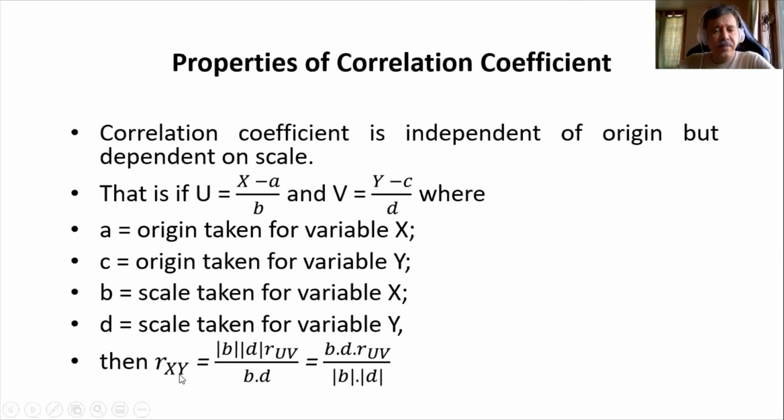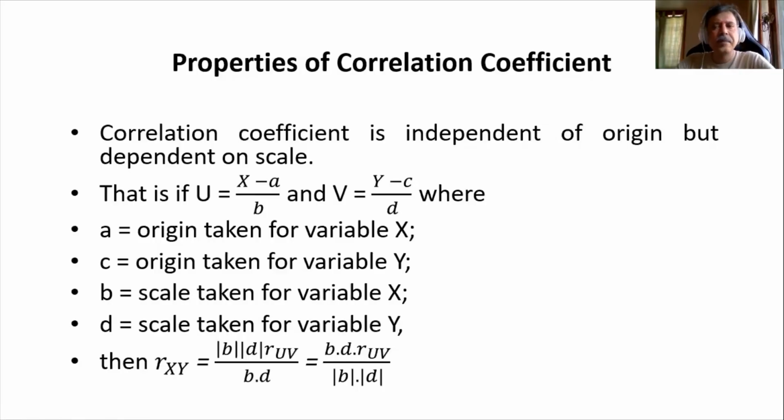That is, you can find out correlation between x and y as modulus of b multiplied by modulus of d into correlation between u and v, the whole thing divided by b into d, or this modulus can come to the denominator and this b and d can go to the numerator. Either way you can do it. So these are the three different properties of correlation coefficient.